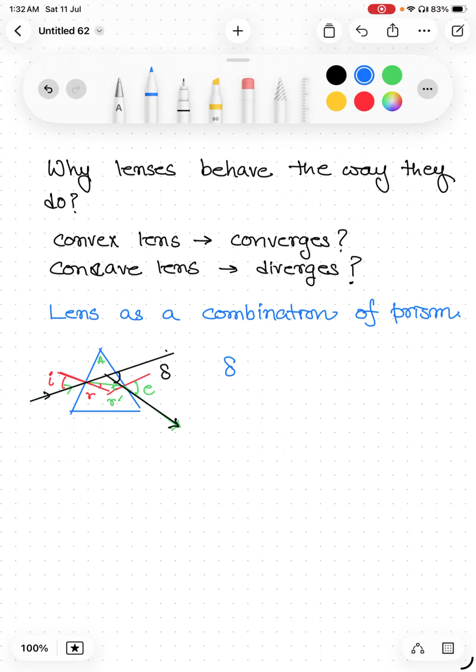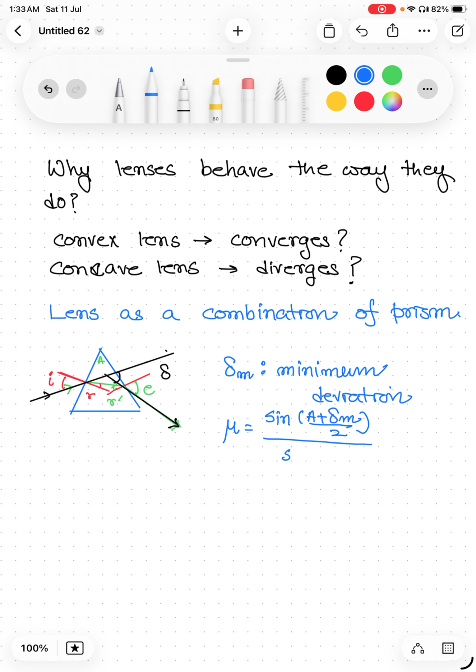If delta m is the minimum deviation, then we have already derived the formula that mu equals sine of (A plus delta m) by 2 divided by sine of A by 2.